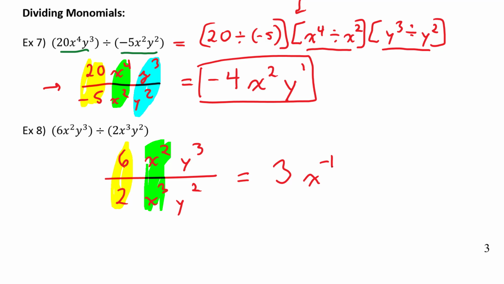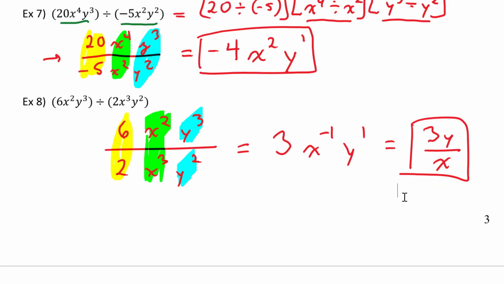And then lastly here, let's combine the y variables. Y cubed divided by y squared, 3 minus 2 is positive 1. What I would recommend, if you have negative exponents, move them to the opposite side of the fraction to make them positive. This would give me 3y over x. That means the same thing.